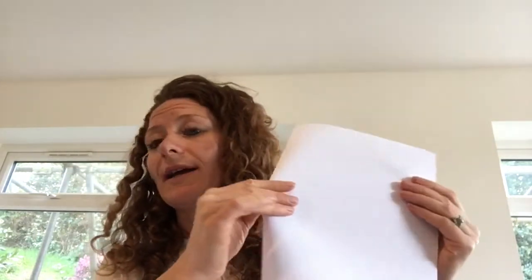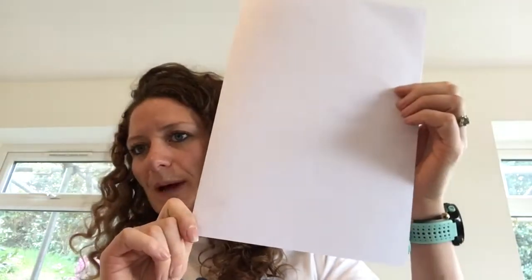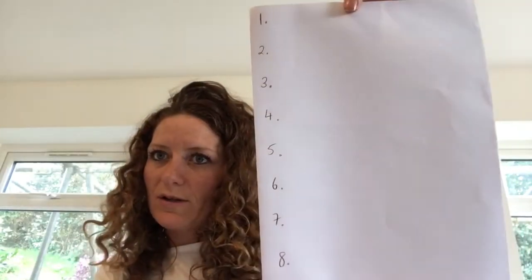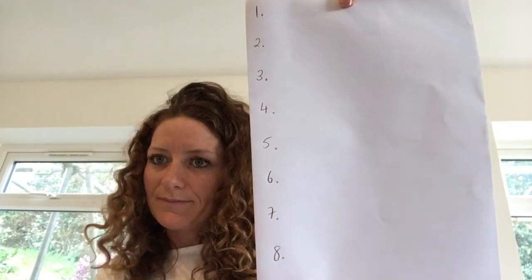You'll see why later in the lesson, but it also helps us with the quiz. So, fold your piece of paper in half, and then just like we did last week, can you write the numbers 1, 2, 3, 4, 5, 6, 7, and 8. So it looks like that.